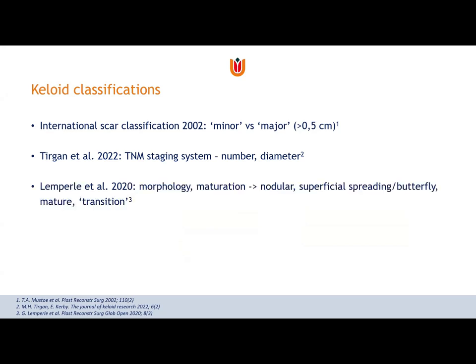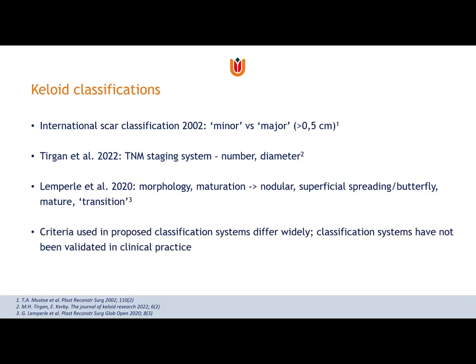Then another study proposed the morphology and maturation classification, which combined both factors and differentiated the nodular keloid, the superficial spreading, also known as the butterfly keloids, the mature keloids, which are the non-growing burned out keloids, and finally the transition group when the keloids couldn't be classified into one of the above stated groups.